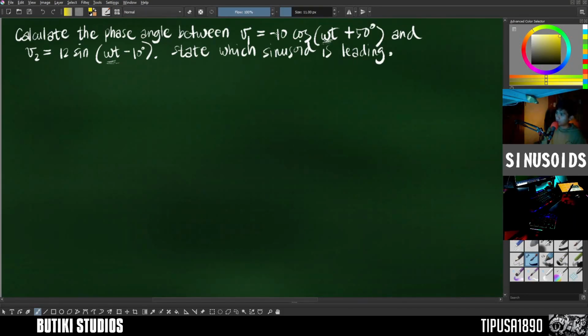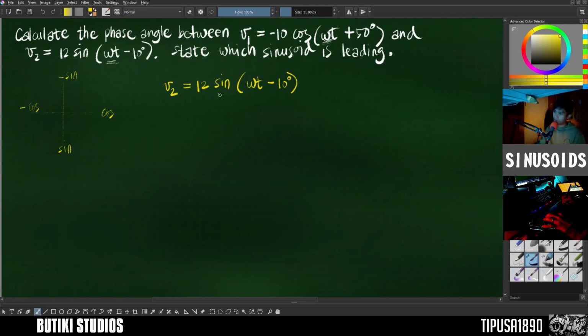I want to change this to positive, toward sine, so that V1 and V2 will both be sines. Drawing our quadrant: positive cosine, negative sine, positive sine, and negative cosine. I want V2 to remain the same, 12 sine omega t minus 10 degrees.